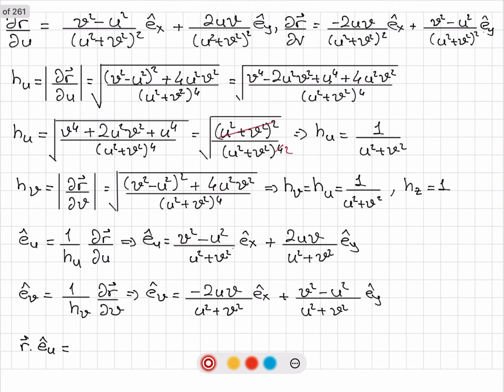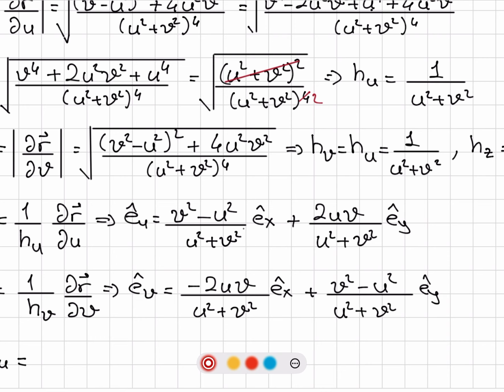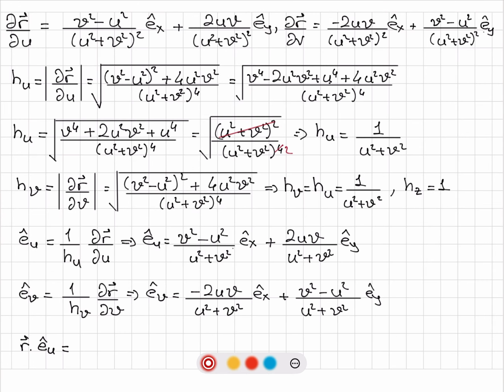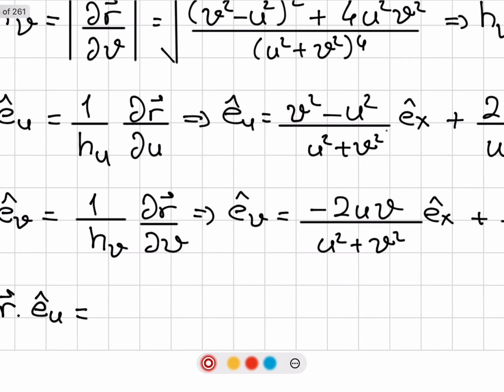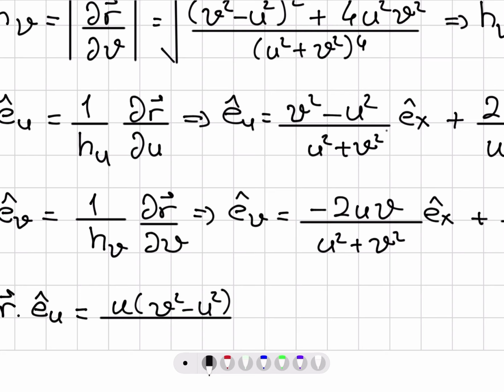U over U square plus V square will be multiplied with this V square minus U square over U square plus V square. So this would be U multiplied with V square minus U square. And now I have identical terms at the bottom. So this would be squared.